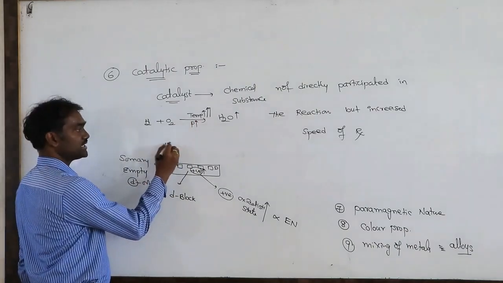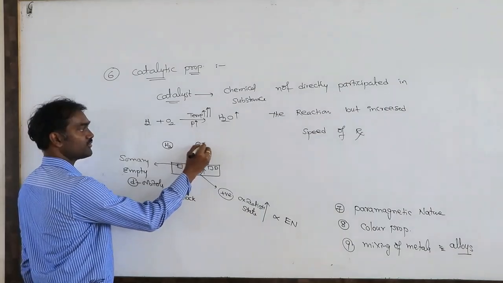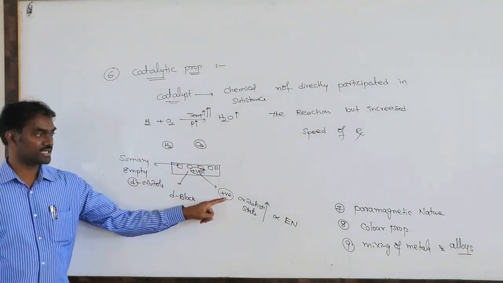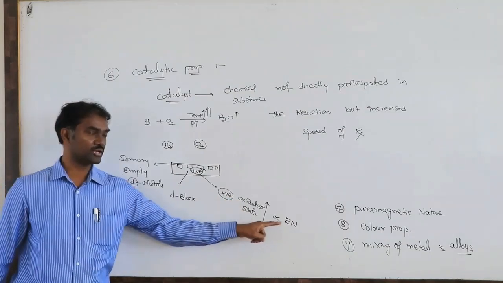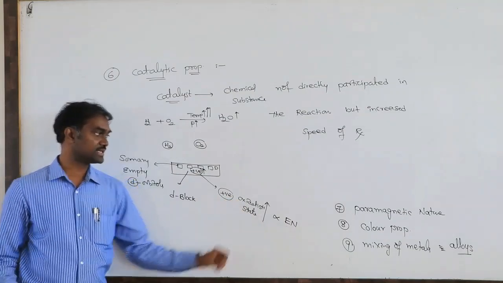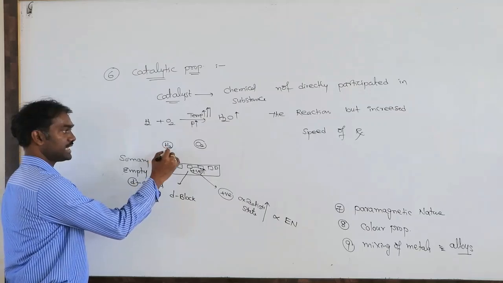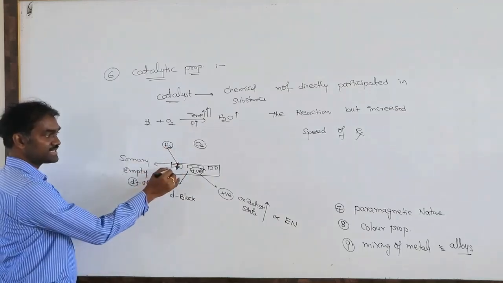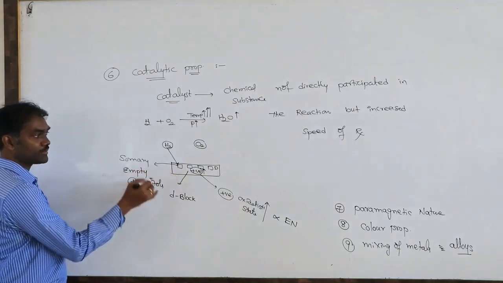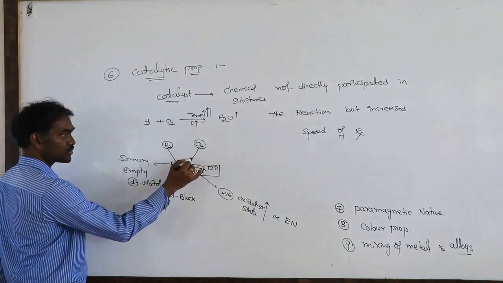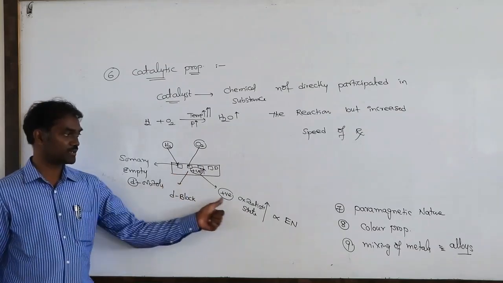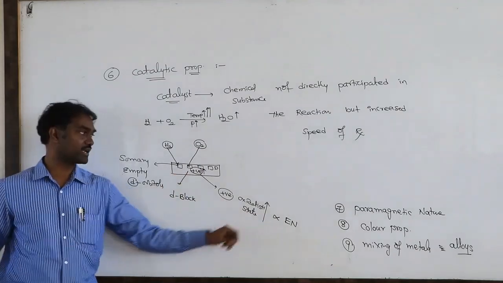Hydrogen is far away, oxygen is far away. First of all, the oxidation states of the d-block element are more, so electronegativity is high. It attracts hydrogen and gives shelter in the empty orbital. Oxygen is also attracted on the surface of the d-block element because of the highest electronegativity.